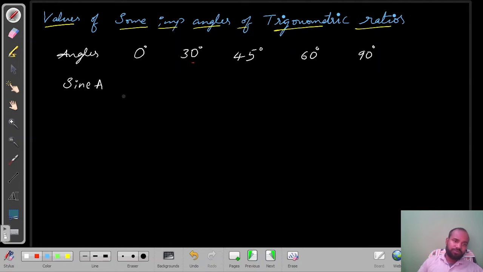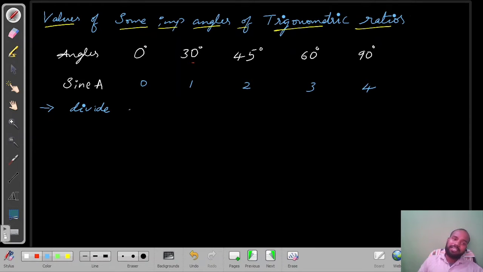Now for sin A, first you write simply 0, 1, 2, 3, 4. Next, your second step is to divide by 4.